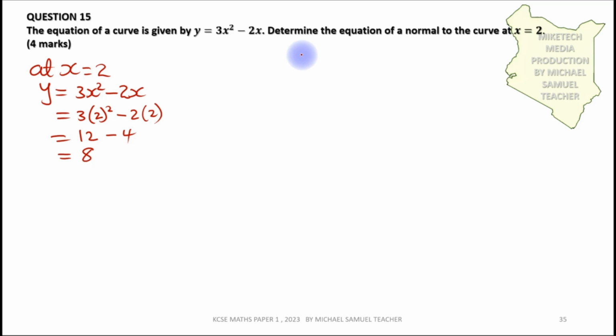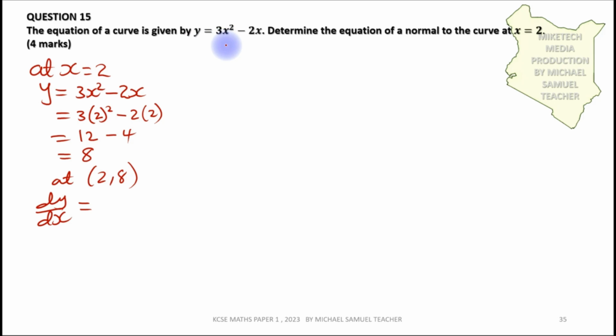Therefore, we need to determine the equation of the normal. In that case, what will be the gradient function at the point (2, 8)? So dy/dx, we differentiate the given equation.